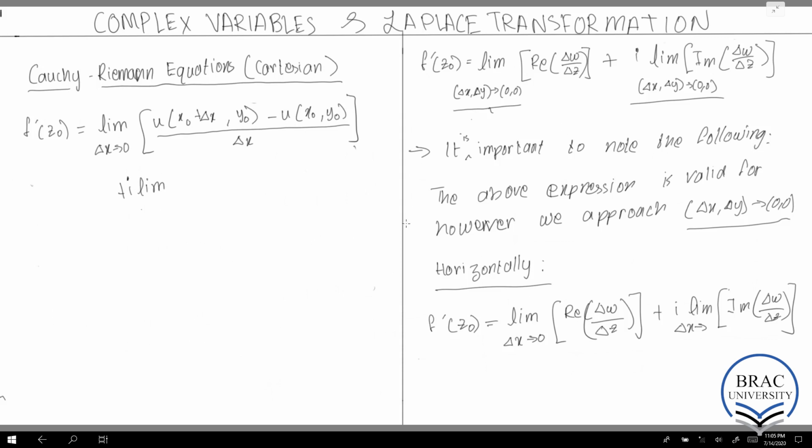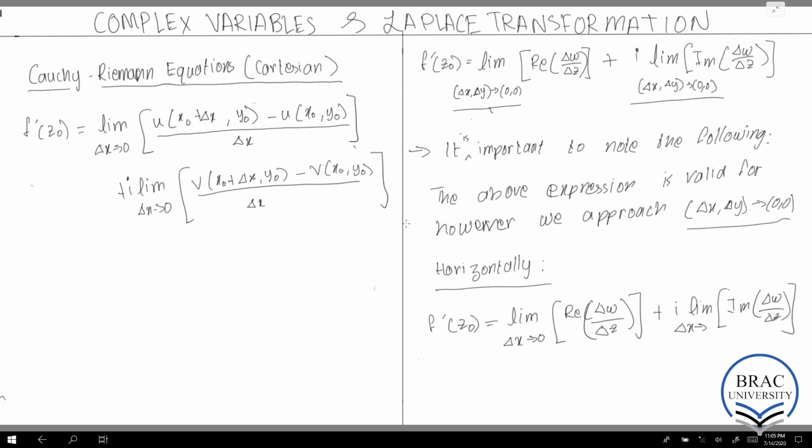It's the imaginary part: delta x tends to 0 of v of x naught plus delta x, y naught, minus v of x naught, y naught, divided by delta x, since we're approaching delta z tends to 0 from the horizontal.